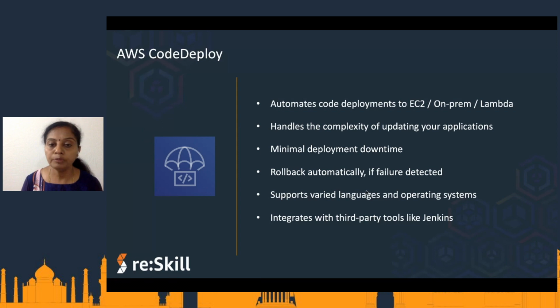So even for CodeBuild or for CodeDeploy, I told you that it can be integrated with Jenkins. How could you do that? You can do that using the corresponding plugins. We have a plugin for AWS CodeBuild and we have a plugin again for AWS CodeDeploy. So once you have the Jenkins instance up and running, you're going to install these two plugins and configure them.